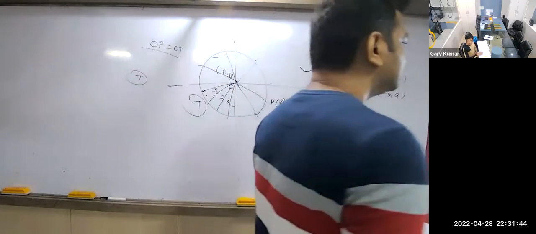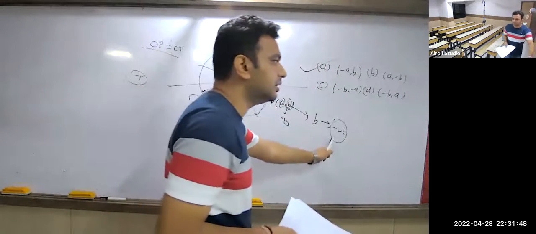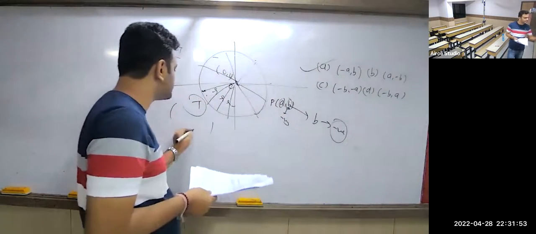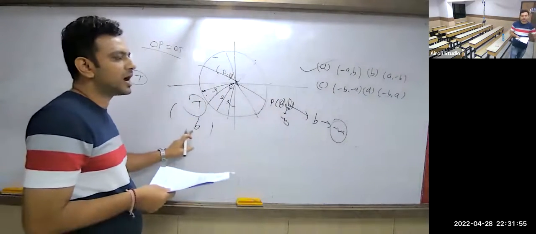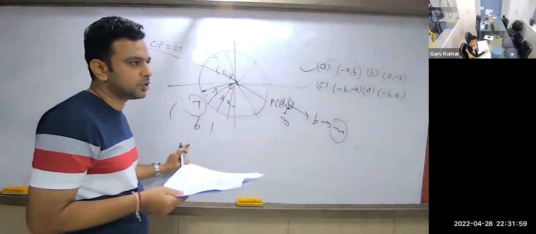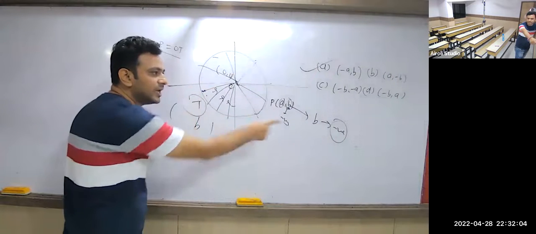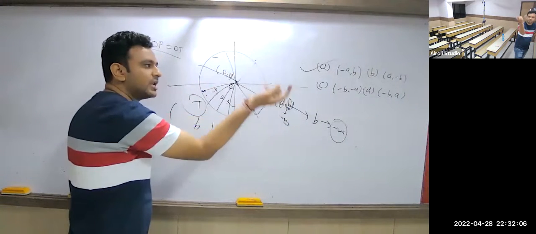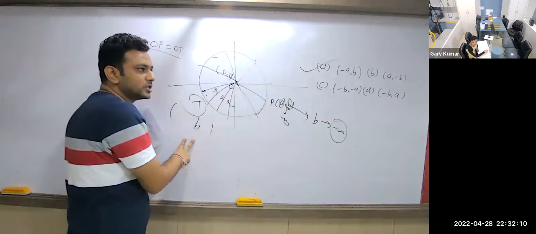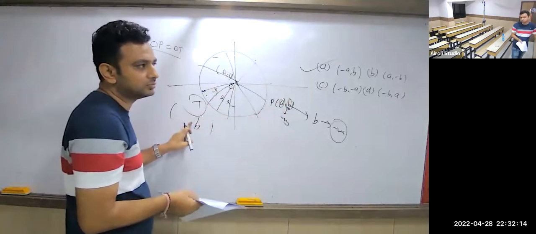So the hint I got from here is that b should be negative. Got it? Yes, sir. b should be negative, which means whenever I put the value of b, the point should come out negative. We need a negative, but the value of b is already negative. So that's why we would take it as a positive value.